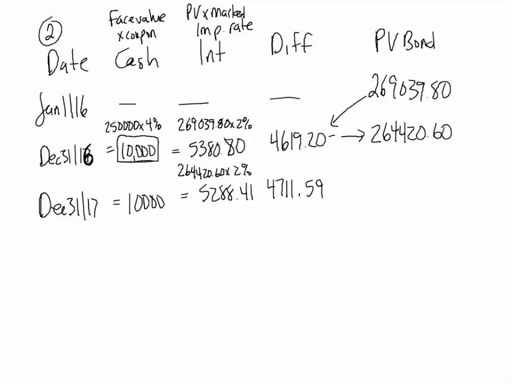Okay, good. Thank you, Jessica. So now I'm going to take this amount and subtract it from the present value, and that will give me my new present value. 264,420.60 minus that is equal to $259,709.01. Does everybody understand that?